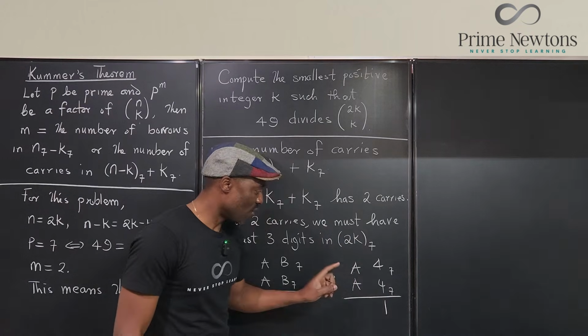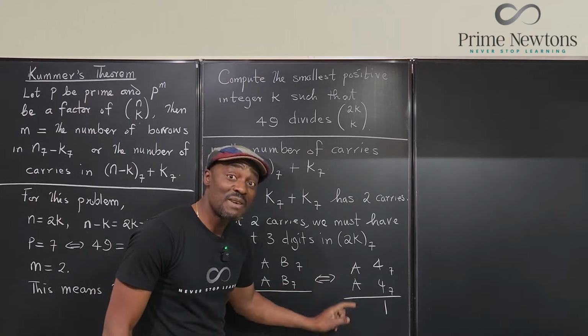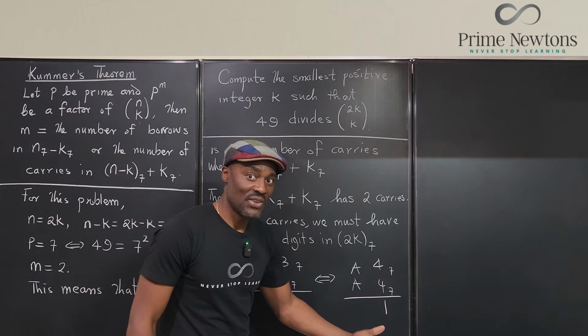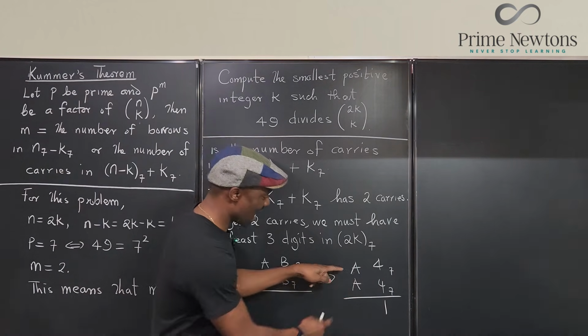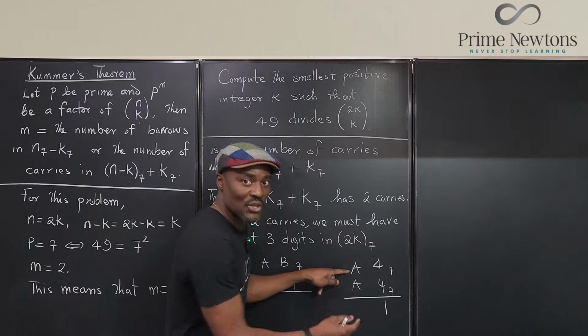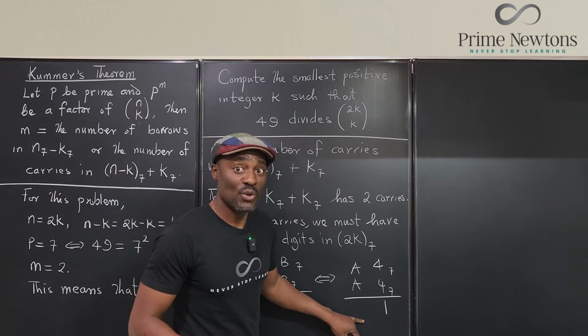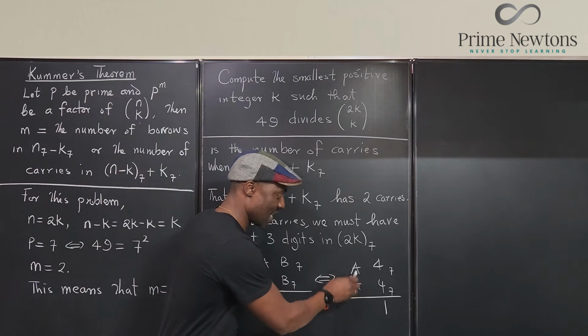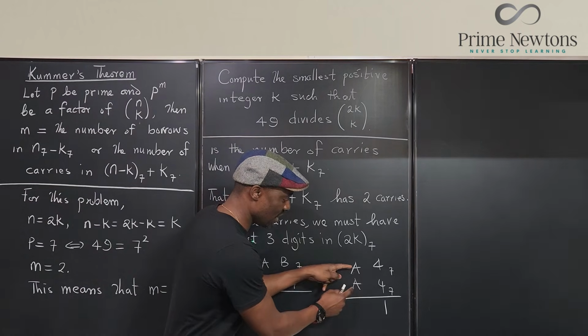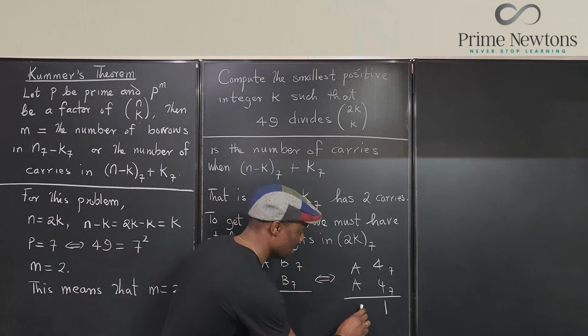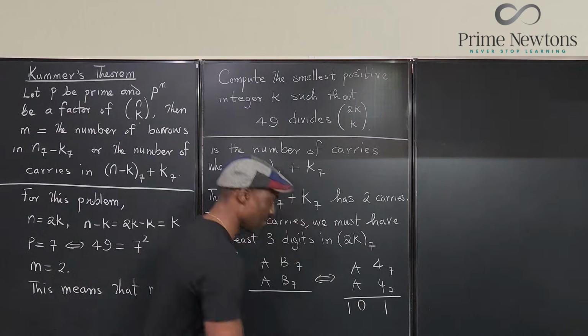So you take this 1, you add it here. When you get here, there must be another carry. The only way there will be a carry is that after you've added these two together, you still add the 1 to it, and it's now more than or equal to 7. So the smallest value you can get here is 7. So this has got to be 3, 3, and then you get a 0, and then you get a 1.